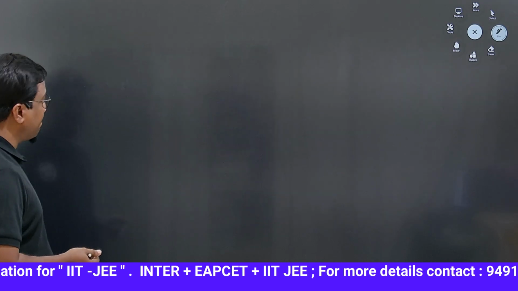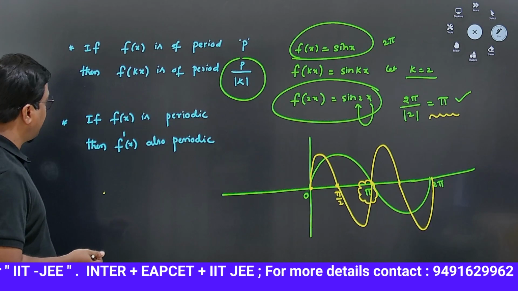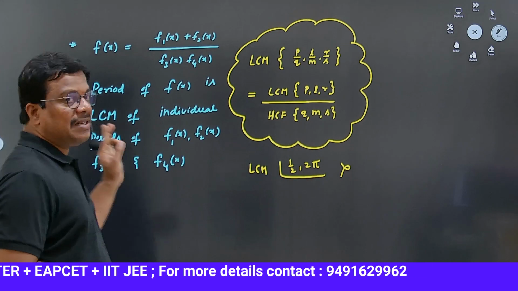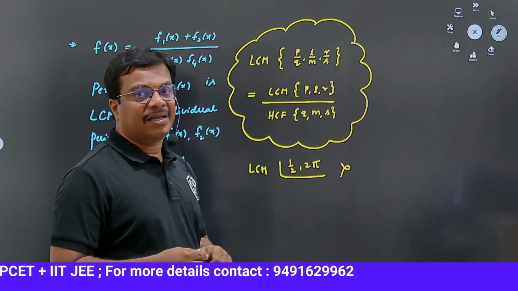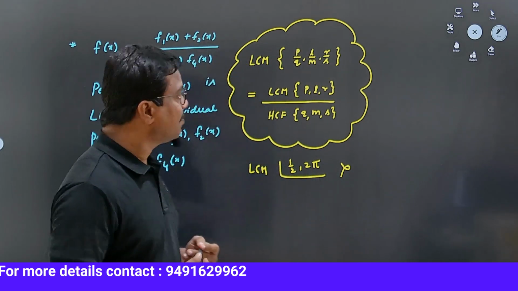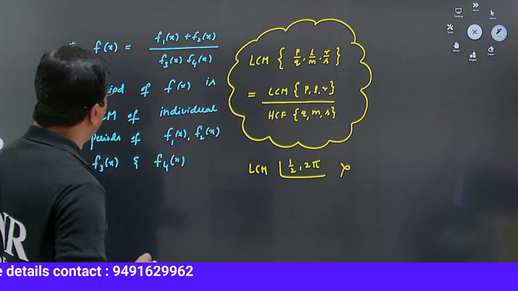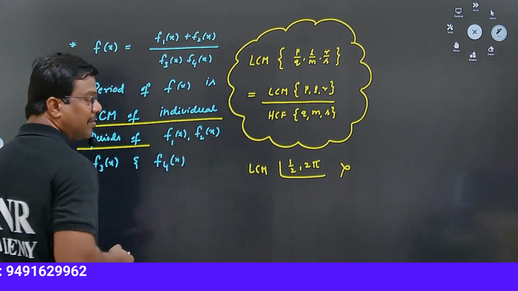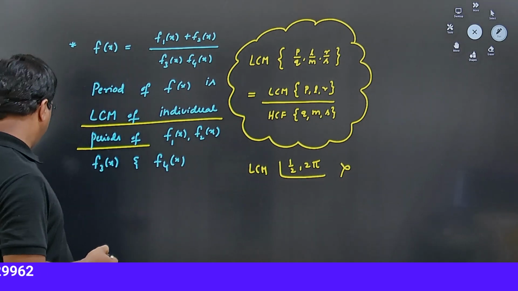Next, here you have a function which is obtained by applying algebraic operations to different types of functions. In such cases, you have to find the LCM of the individual periods of f1, f2, f3.